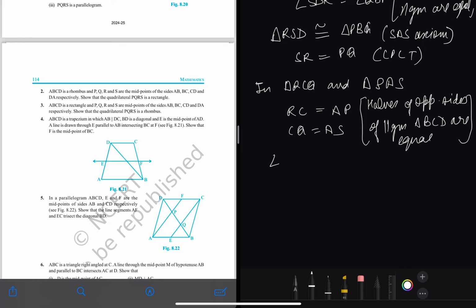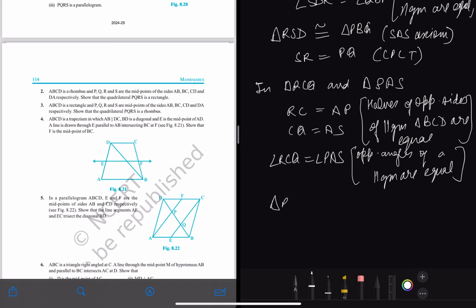Similarly angle RCQ is equal to angle PAS because opposite angles of a parallelogram are equal. So triangle RCQ is congruent to triangle PAS and RQ is equal to SP by CPCT.